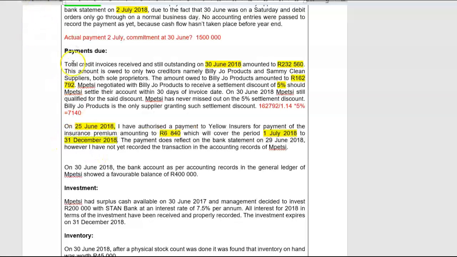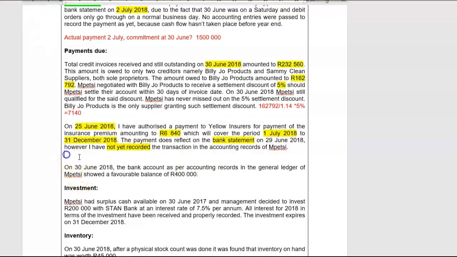Now, the full period falls within the next financial year. The payment does reflect on the bank statement on 29 June 2018. So the payment has already been made.